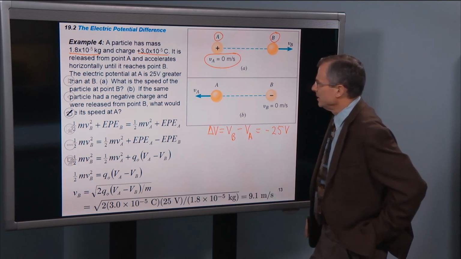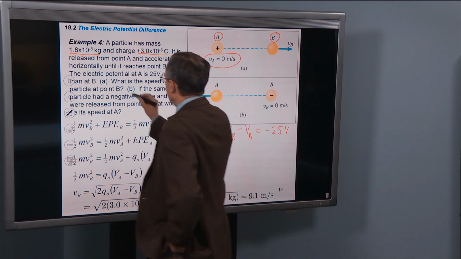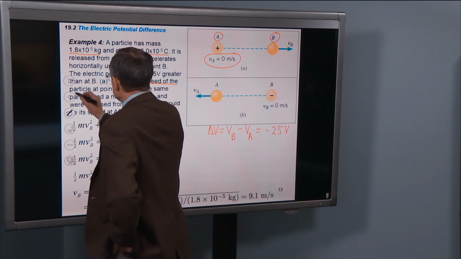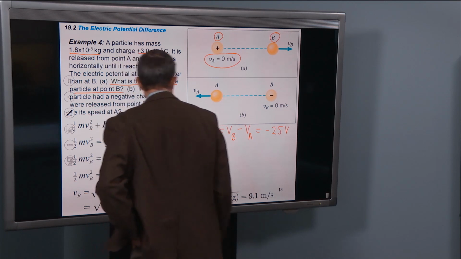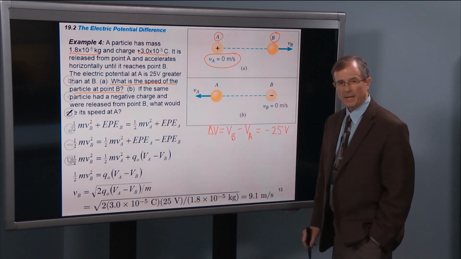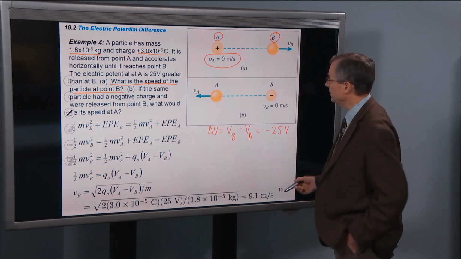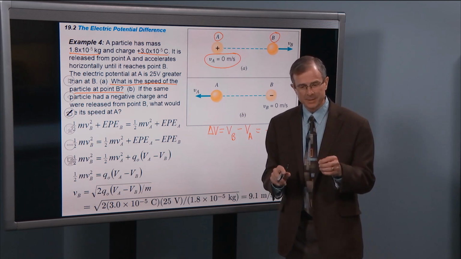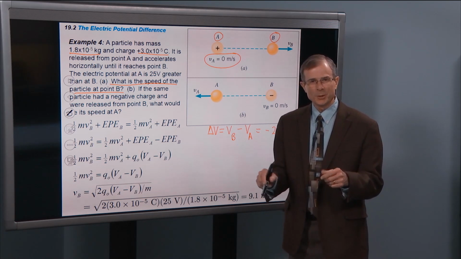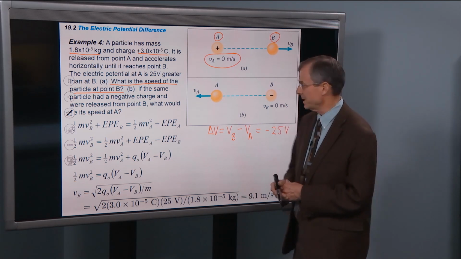All right, so what is the speed of the particle at point B? This shows the power of this formalism to be able to actually calculate that speed. We're going through a potential difference. This would be kind of like taking an electron and having it go between the two terminals on your battery. The potential difference there would be 12 volts, say.